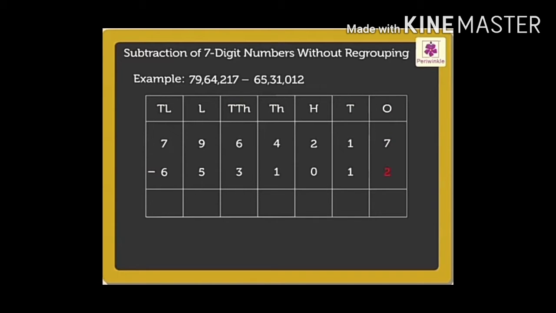First one, 7 minus 2 gives 5. Now tens place. 1 minus 1 gives 0. Next 2 minus 0, 2 itself. 4 minus 1, 3.